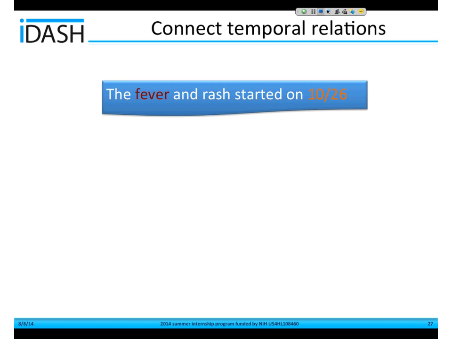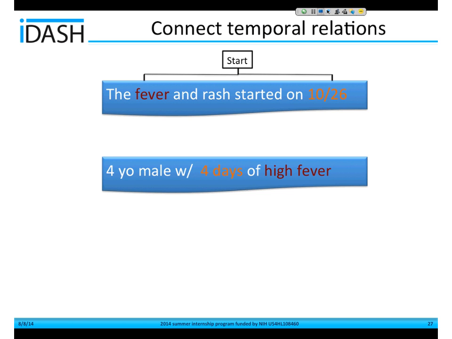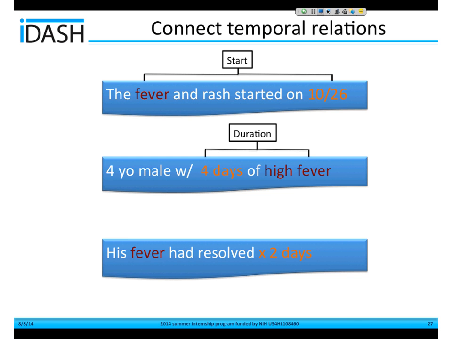For example, in this sentence, we'll connect the fever and October 26th and mark it as a start point of the fever. In this sentence, we'll connect 4 days and high fevers and mark it as a duration of fever is 4 days. In this sentence, we'll connect fever and for 2 days.